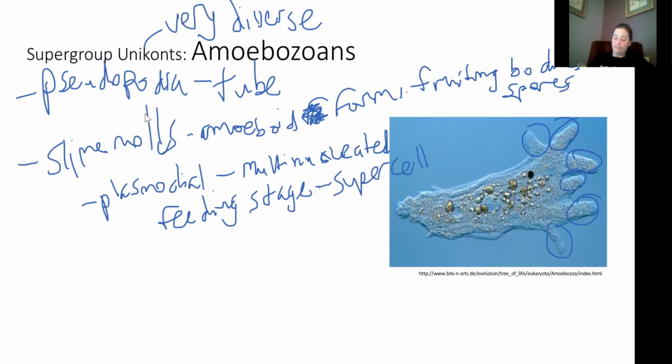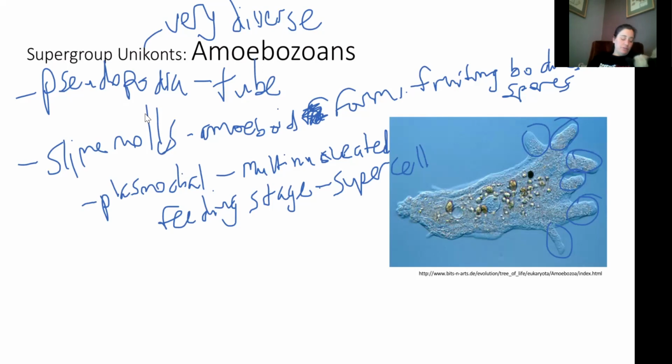And it kind of oozes around like an amoeba. It has cytoplasmic streaming, and sometimes you can actually even see it under the microscope. You can see the cytoplasm streaming, and it oozes around to find food. This supercell is called a plasmodium, which is confusing because Plasmodium is the organism that causes malaria, but it is not malaria.